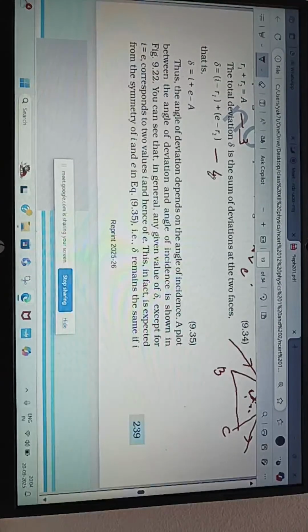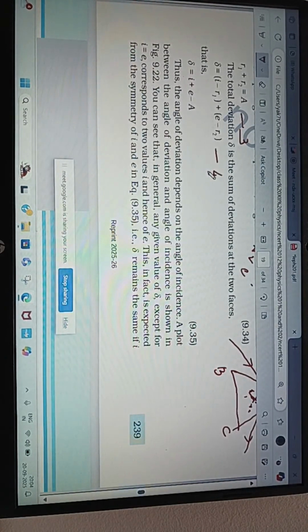Then if you open it, what will you get? I plus E is equal to minus of R1 plus R2 bracket. So the fifth one is clear. When you open this, you will get delta is equal to I minus R1 plus E minus R2.